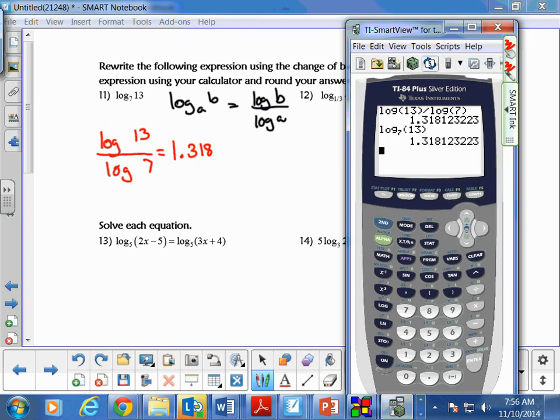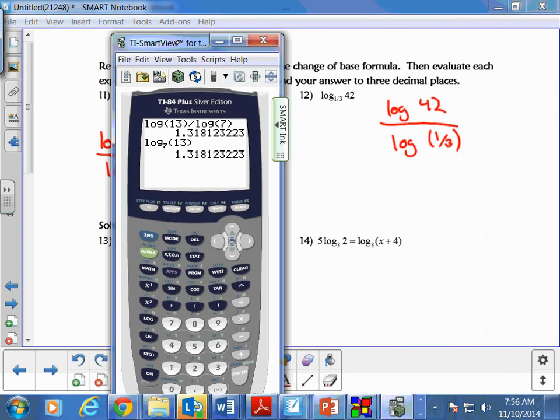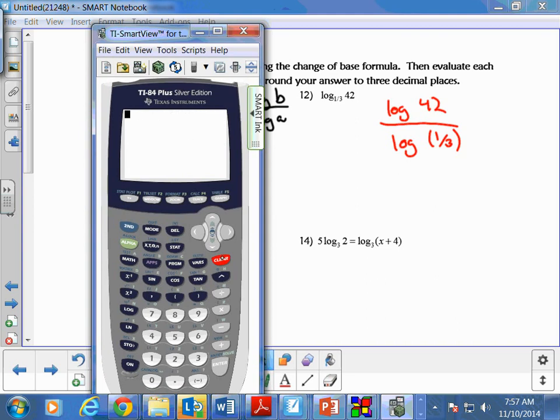So let's go back, clear this, and write in the log of 42 divided by, make sure we close up that parenthesis, and now put log of 1 divided by 3.